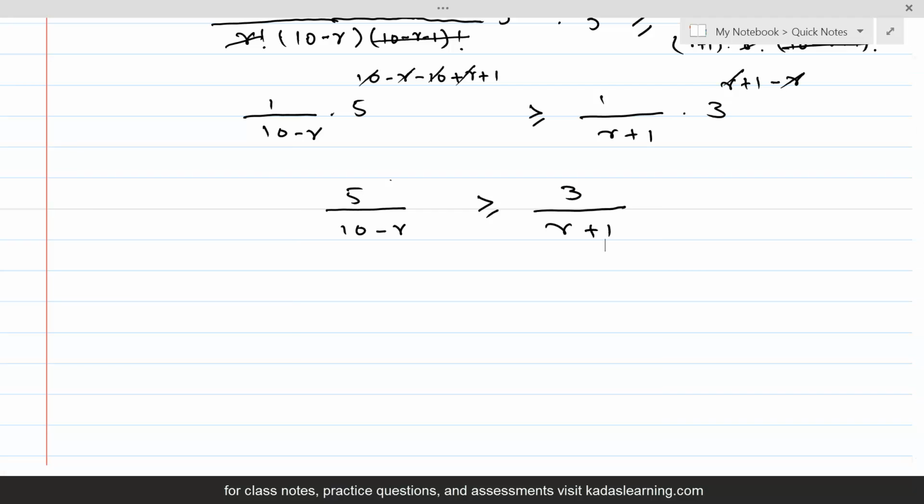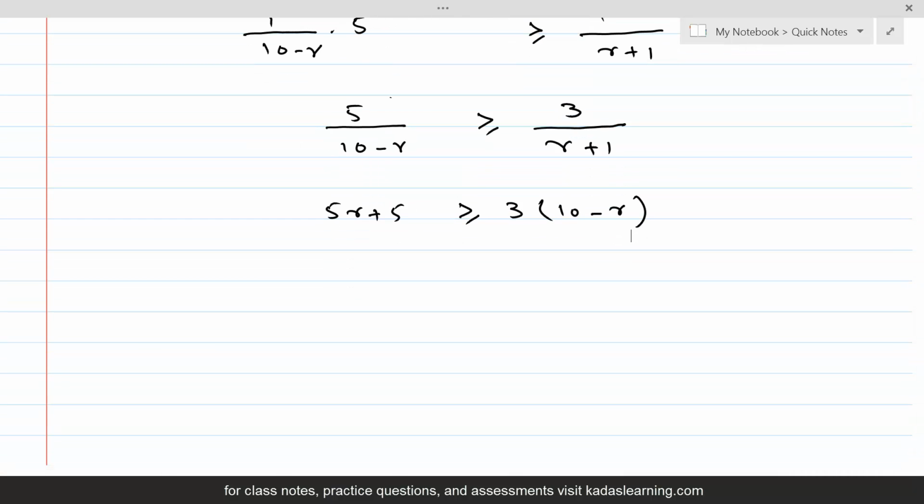If that is the case, then we can cross multiply, and this will give us 5r plus 5 greater than or equal to 3 times 10 minus r, and if we multiply this inside, this will give us 5r plus 5 greater than or equal to 30 minus 3r.